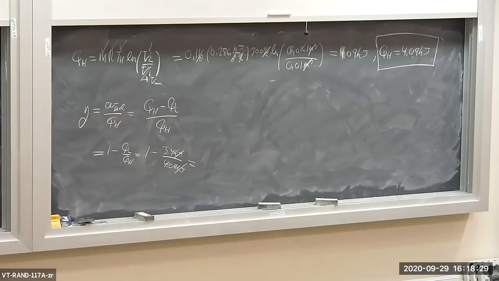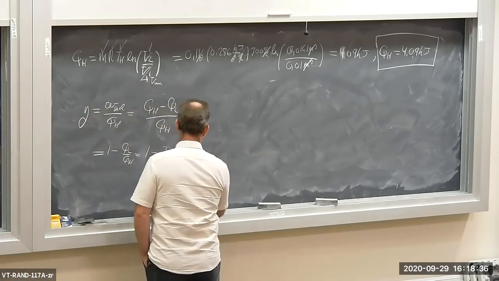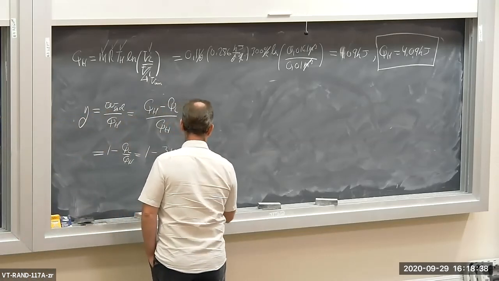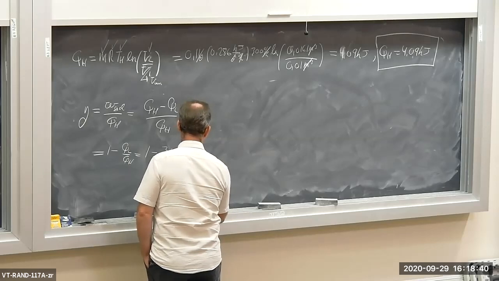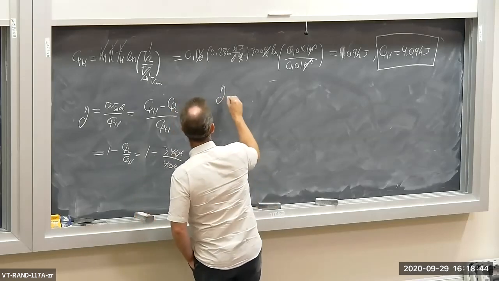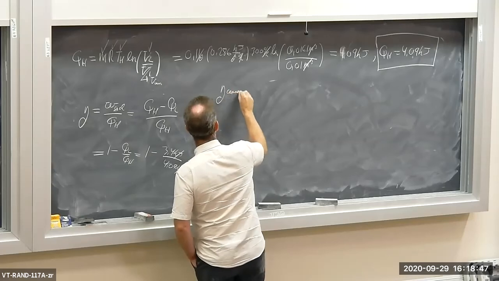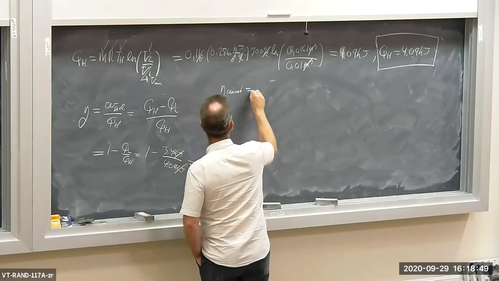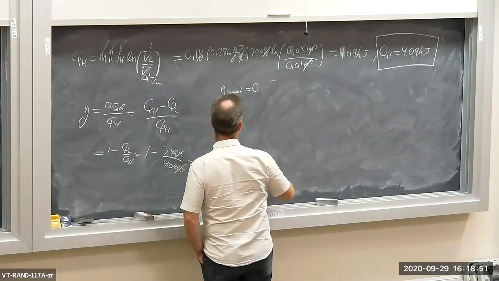And I get an efficiency of 0.168, or if you like, 16.8%. So the efficiency of my Carnot heat engine is 16.8%.